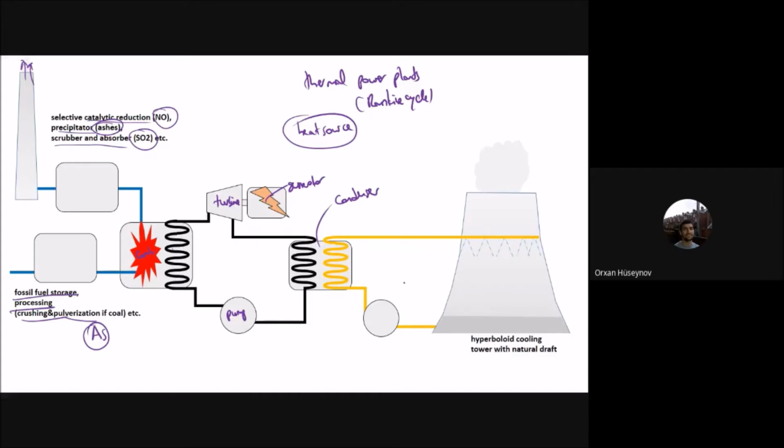In that cooling tower, the cold water is pumped by this pump into that system, and when it leaves that system it becomes hot, and then it comes again to the cooling tower in the form of sprays, and then it becomes that water here again.